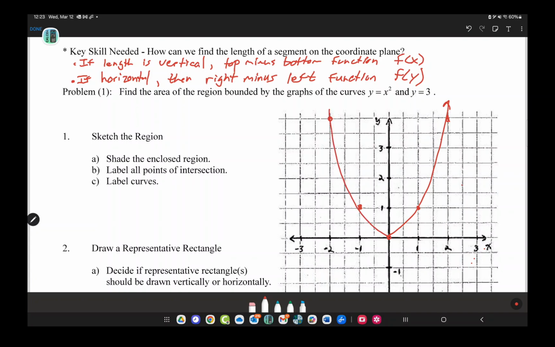And then y equals 3. So y equals 3. y equals x squared. Now we are trying to find the region bounded by these two functions. So that would be this area right here.